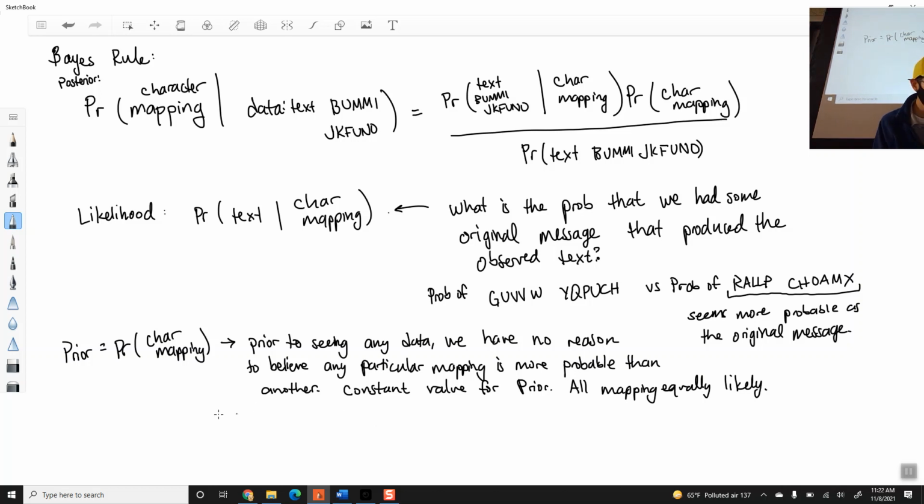Okay, and then the marginal is basically the probability of the text. This is also another constant, and it's the sum of the numerator across all possible character mappings.